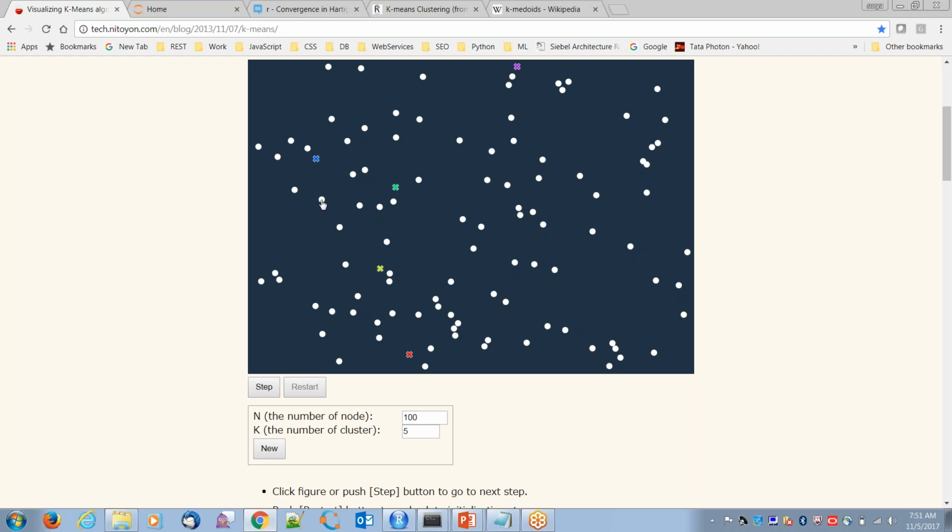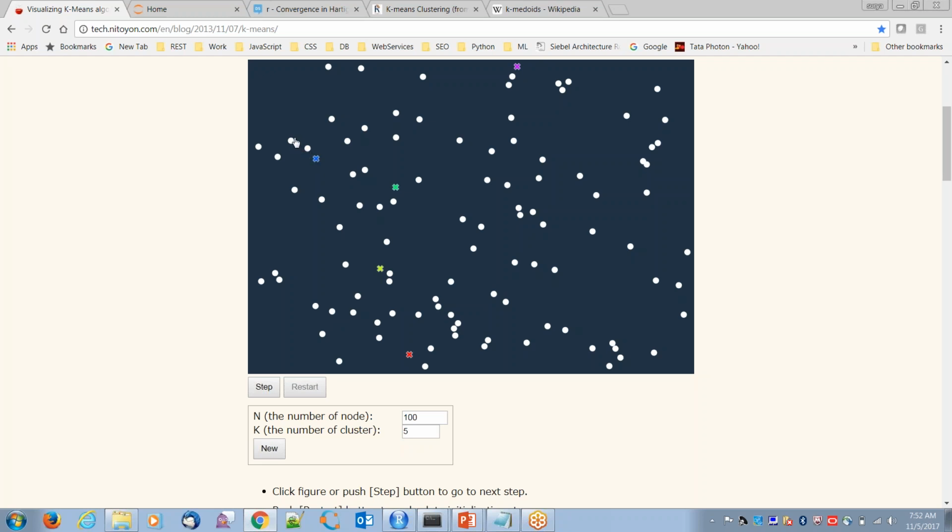So, for example, if we take this white dot, distance is calculated between this white dot and the blue cluster center, between this white dot and the purple cluster center, between this white dot and the green ones, and between this same white dot and the red. Out of all these 5 distances, as you can see here, the distance between this white data point and the blue cluster center will be the minimum.